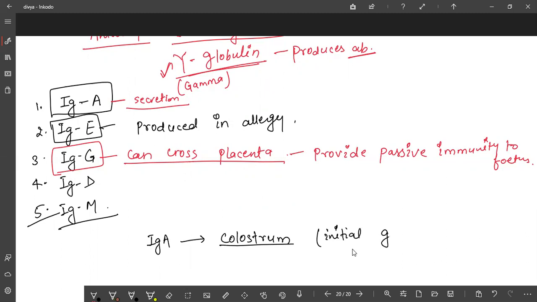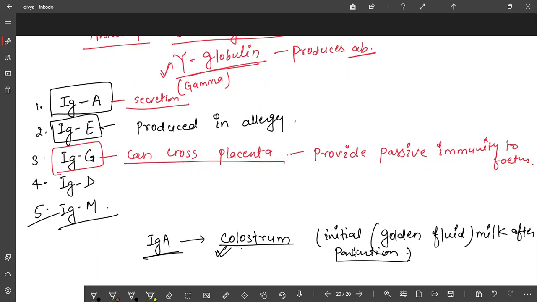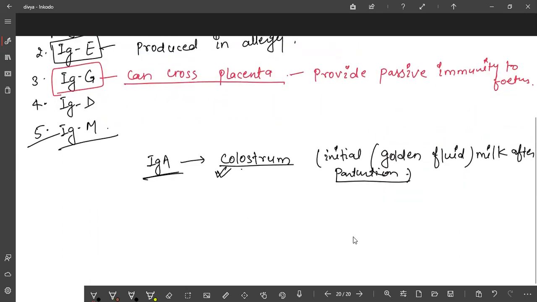Parturition is the delivery of the baby. So this golden fluid, colostrum, contains IgA, which also provides immunity to newly born infants. So this is very helpful.